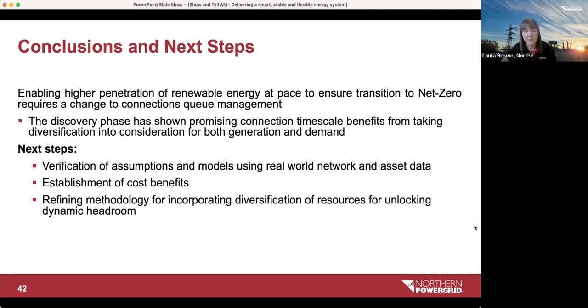So the next steps that we're going to evaluate through in the Alpha project is verification of these assumptions and models using real-world network and customer asset data, and we're going to establish the cost benefits to both the network and to our customers' connections, what the benefit of that, getting them on quicker, is going to be to their business models as well. And we're going to refine the methodology for incorporating diversification of resources for unlocking more dynamic headroom.